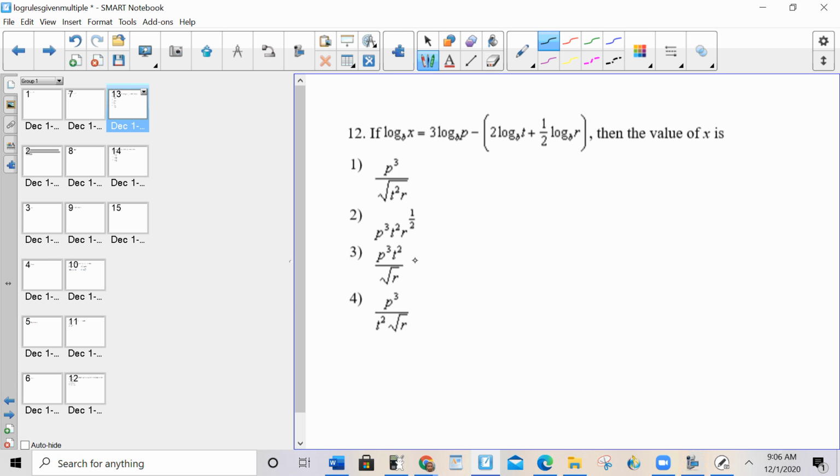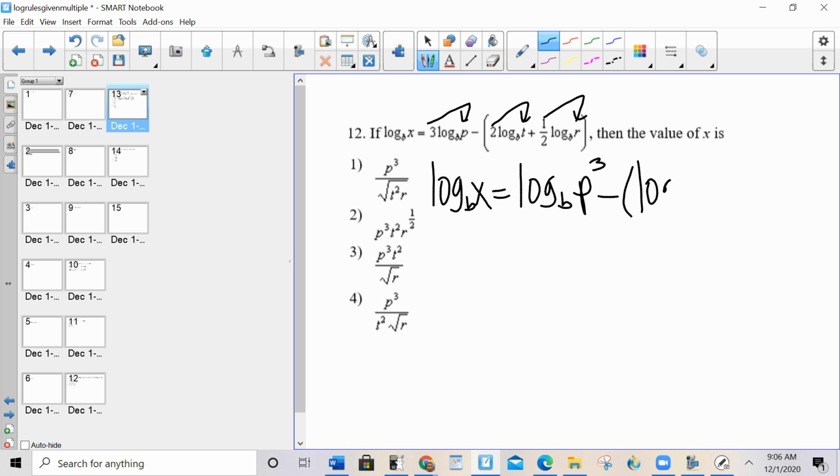Okay, so I want to apply my power rules first. I'm going to put all my coefficients back at the exponent. So I have log base b x equals log base b p cubed minus log base b t squared plus log base b r to the 1/2.